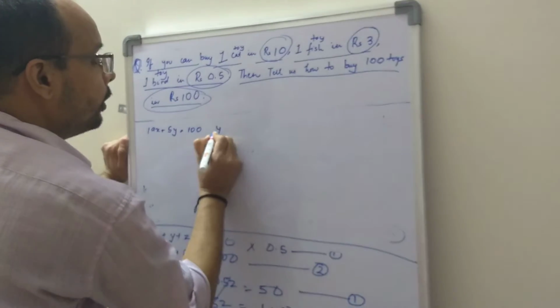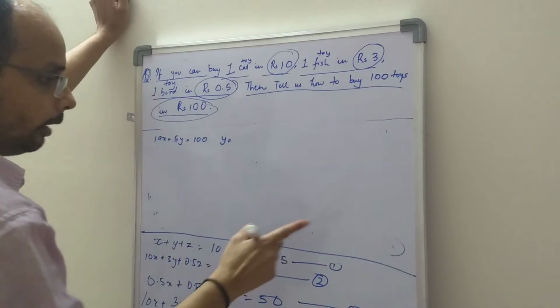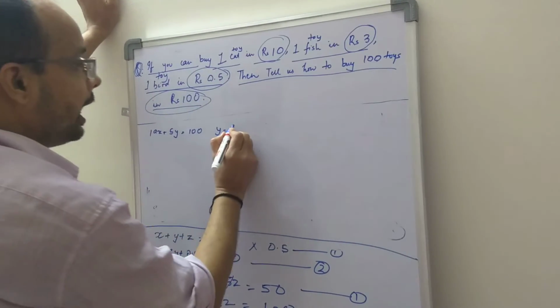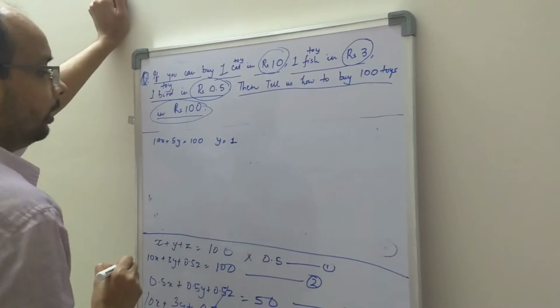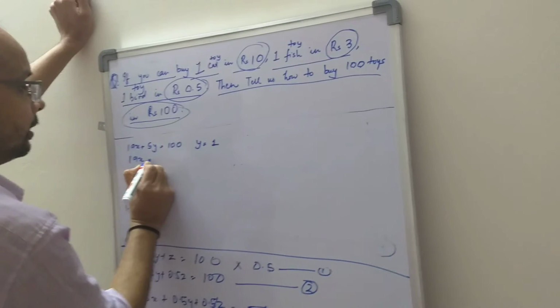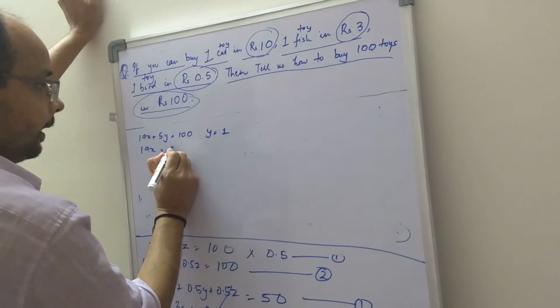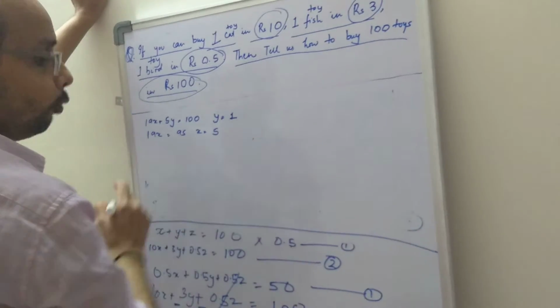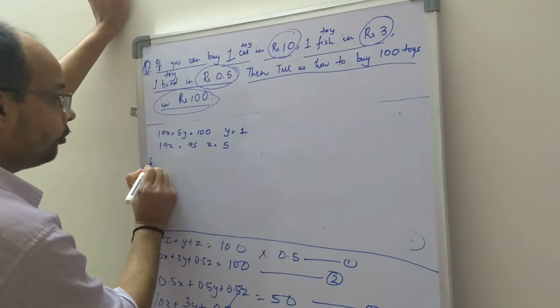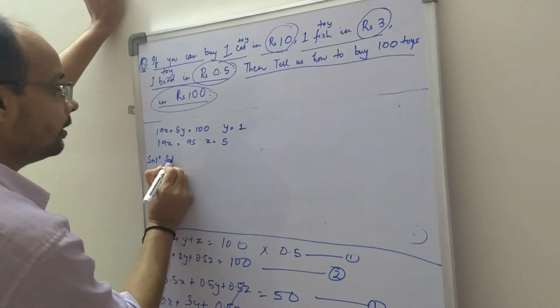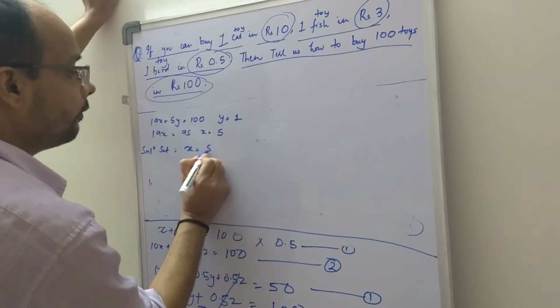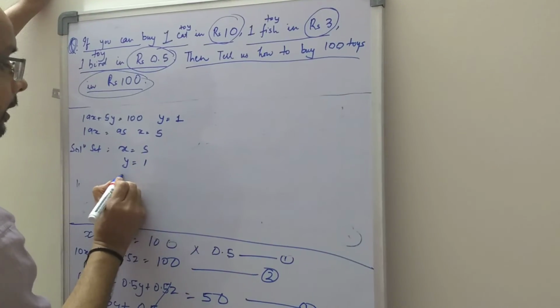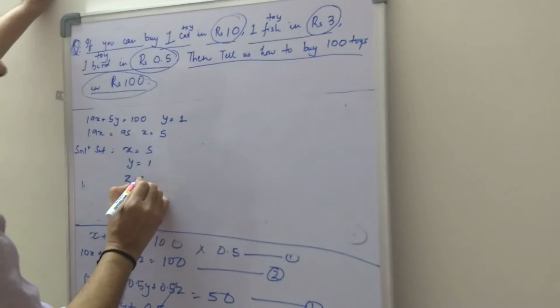You know y will always be a whole number. When you substitute it with 1, then 19x becomes 95, and x becomes 5. This is how you got your solution set as x is equal to 5, y is equal to 1 and z is equal to 94.